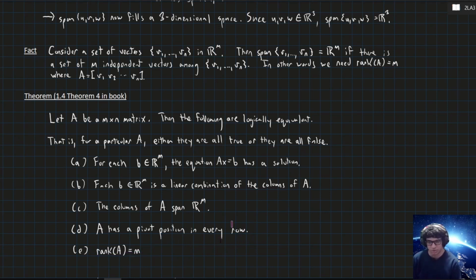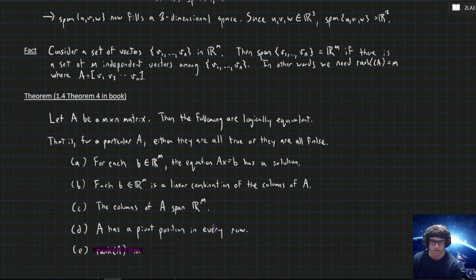So when we have a theorem like this, and we want to know, are all these properties true for A? We have some options on how to test it. We can test it for any of these, but the easiest one is just to check its rank.